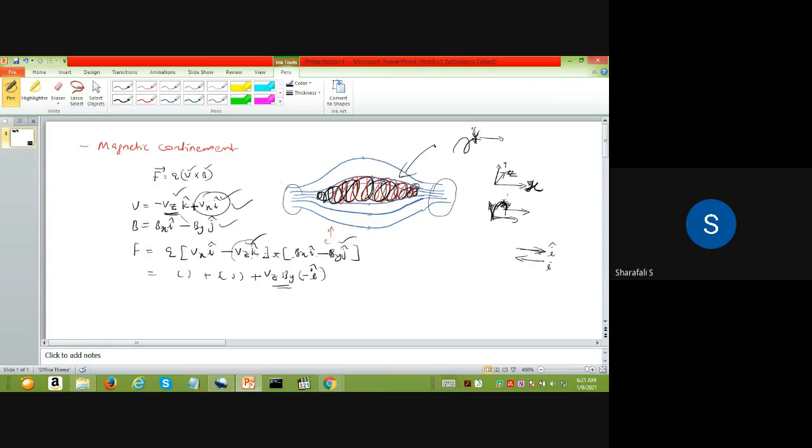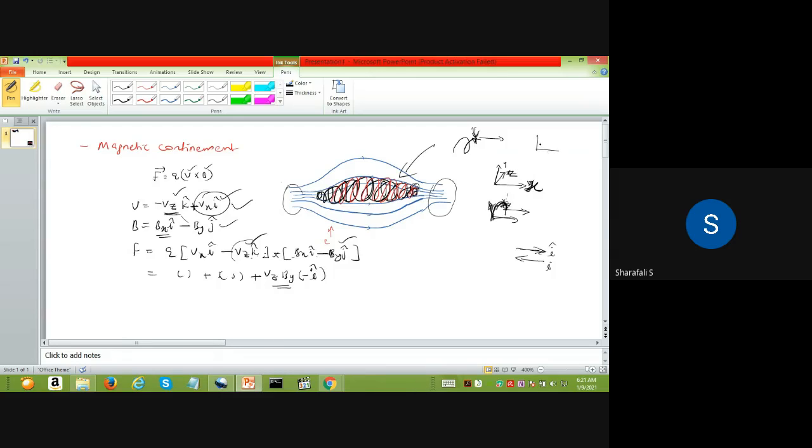What is the velocity? And then we have that magnetic field component also, Bx i cap, in this direction, then minus By j cap, which is in the perpendicular direction.